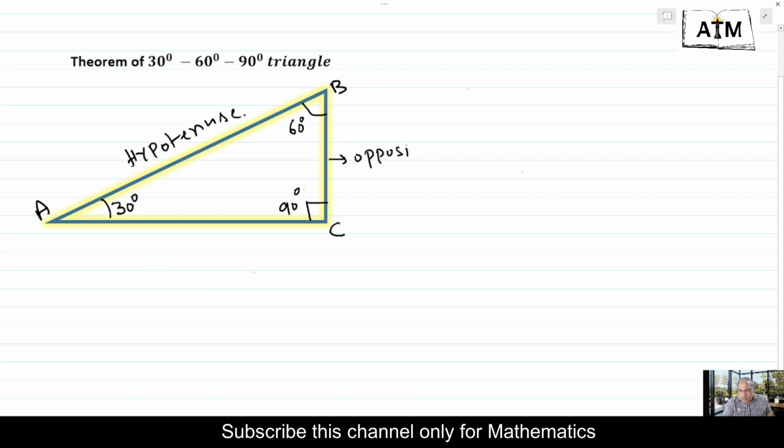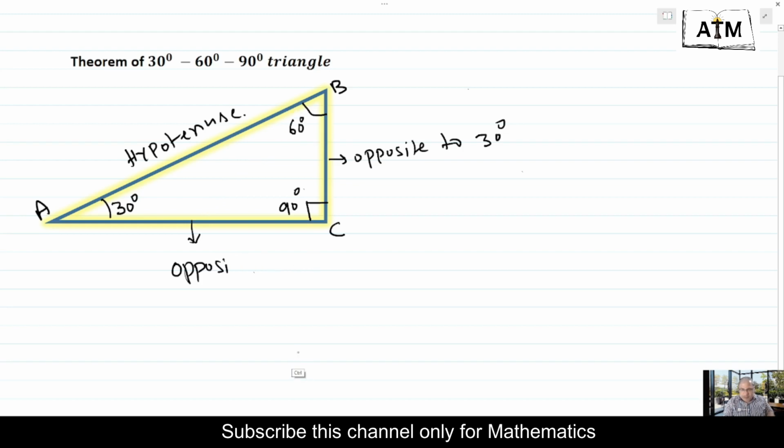opposite to 30 degrees. You see that here is the angle 30 degree and this side is opposite to 30 degrees. And this side, that is AC, is opposite to 60 degree. See here the 60 degree and here is the side opposite to 60 degree.